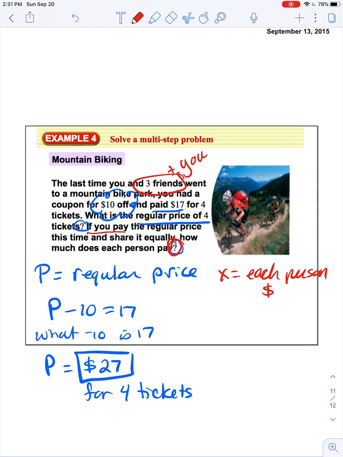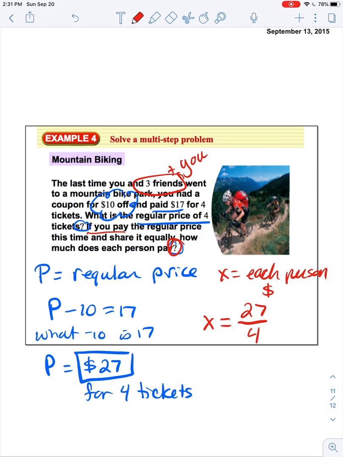And so in the end, much like the example we had the other day where there were tips being divided, each person is going to pay the regular price for 4 tickets, which was 27, divided by the number of people there are. And so that's going to be 4 total.